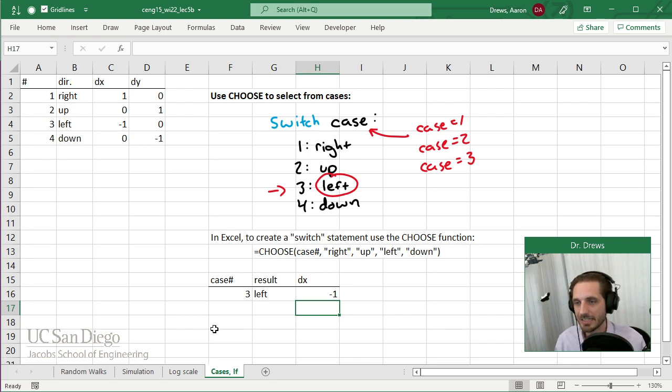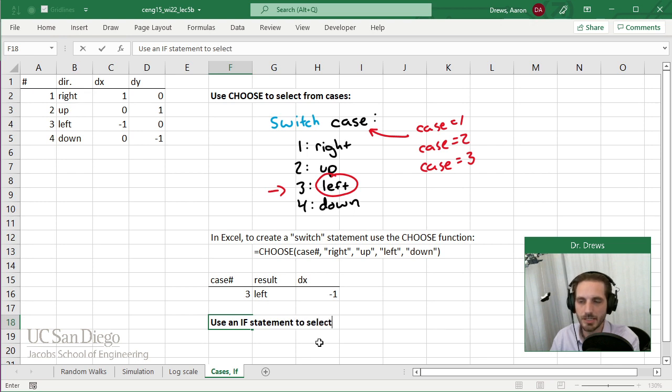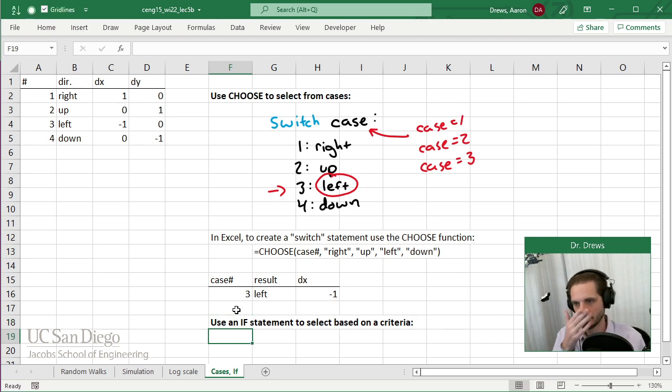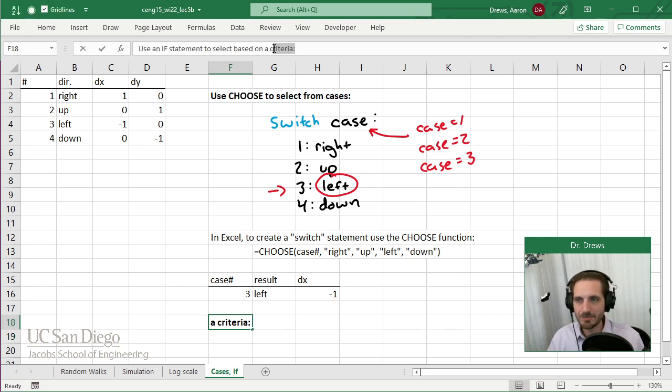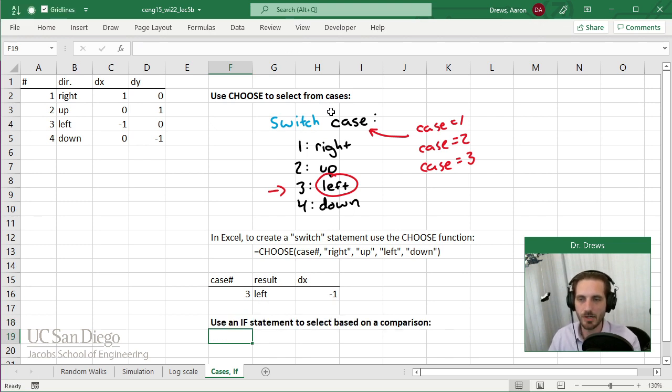You can also use an if statement to select based on a criteria. Even criteria is not really the right word. I would say comparison is the right word.